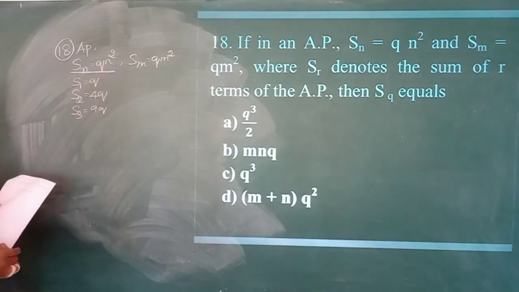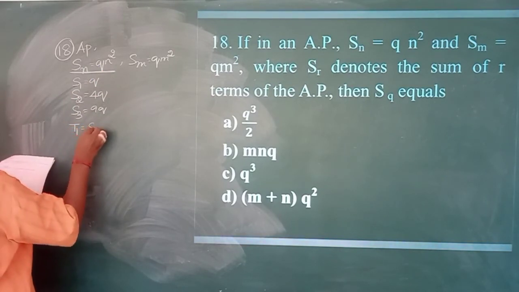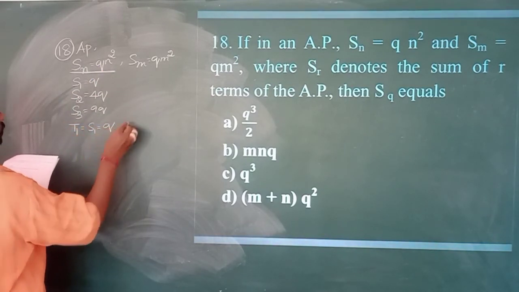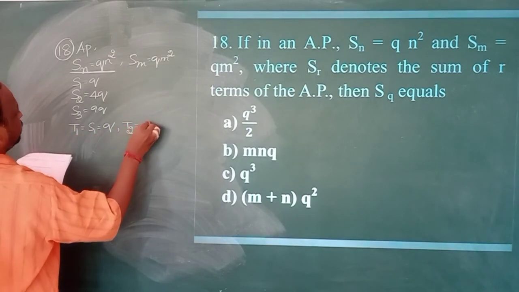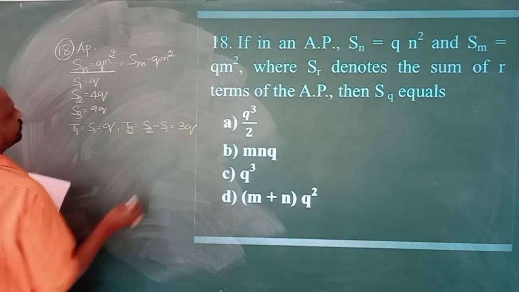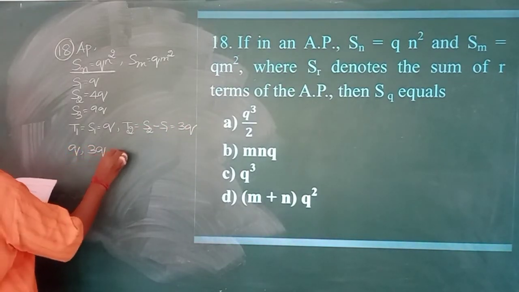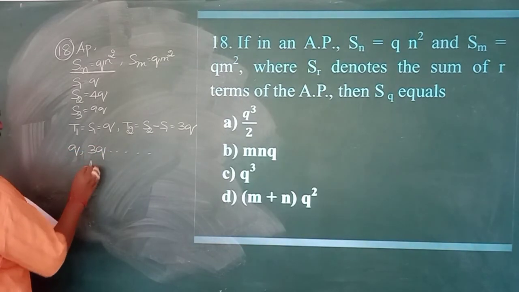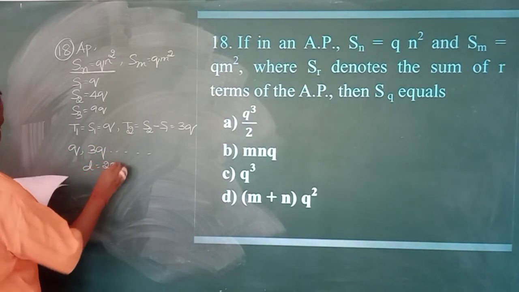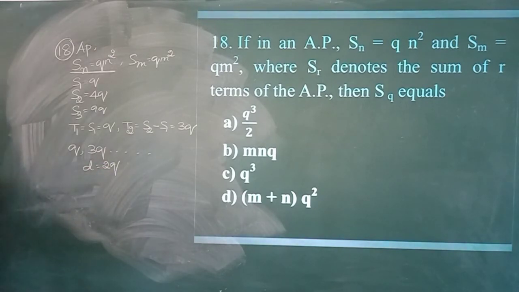Vary the n value. Then T1 will always be S1, that is Q. T2 will be S2 minus S1, that is equal to 3Q. So Q, 3Q, etc. The common difference is 2Q.